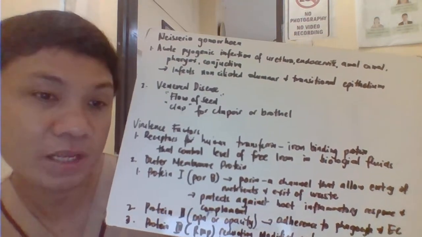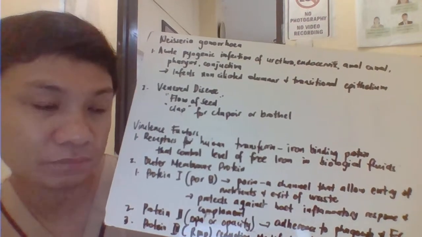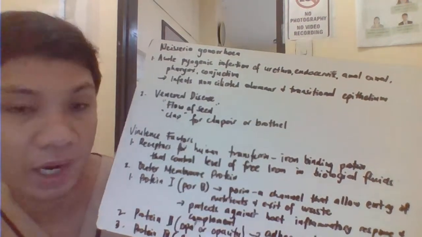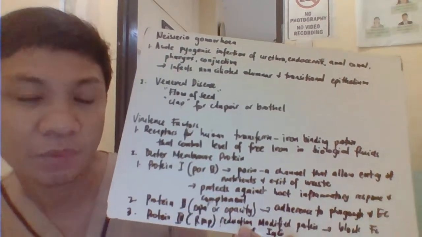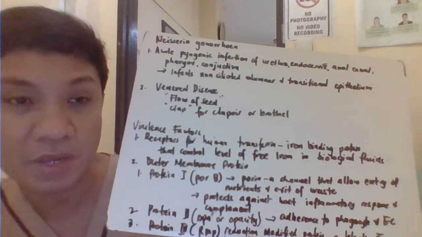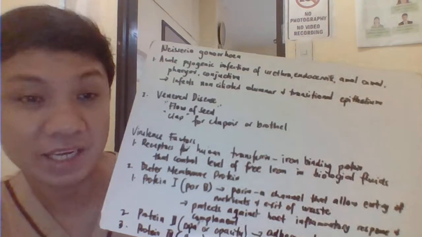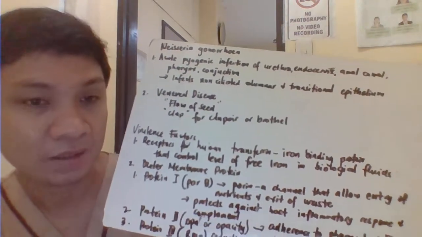The French call this one clap, from the word clapoir, or brothel. Brothel is something like a beer house, because again, this infection is sexually transmitted.